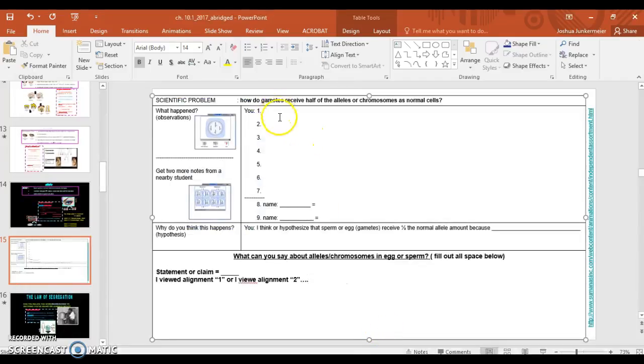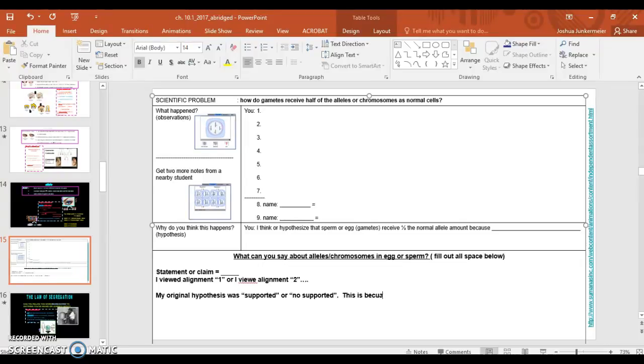So when you take all the observations you collected here, all 9 of them, you then decide, my original hypothesis was, is it supported or not supported? This is because, and this area after this is where you're going to use your observations to explain and to defend why you think your hypothesis was supported, or use your observations up here to explain why you think it wasn't supported.